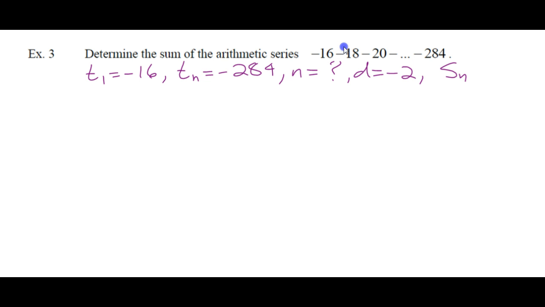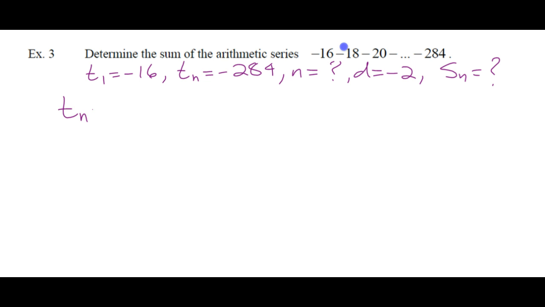What else is there? We need the sum, Sn. What do we have to find that we don't know besides the sum? We need n, since both sum formulas use n. How are we going to figure out n?